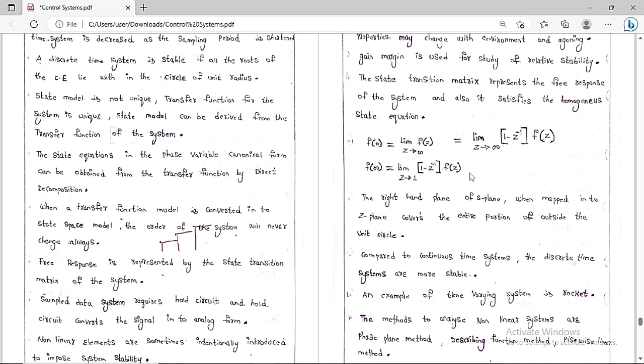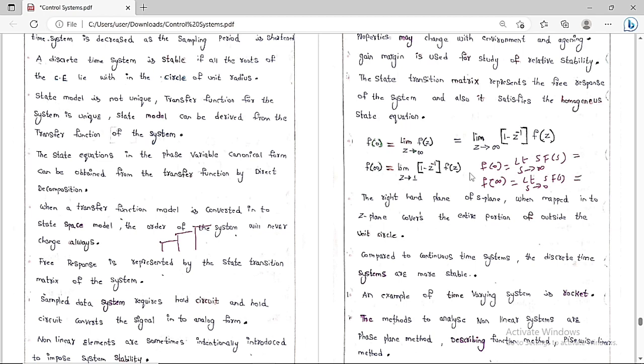In the continuous time system, what is the initial value? The initial value f(0) is equal to limit s tends to infinity of s into F(s), whereas the final value is equal to limit s tends to 0 of s into F(s). I already told you this.